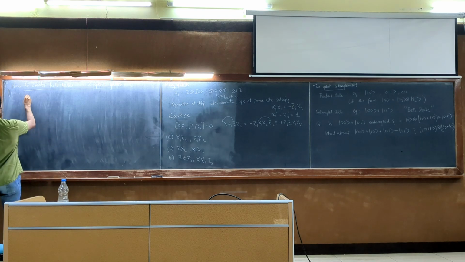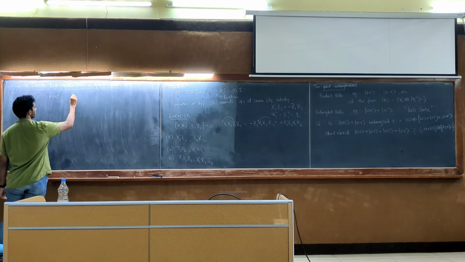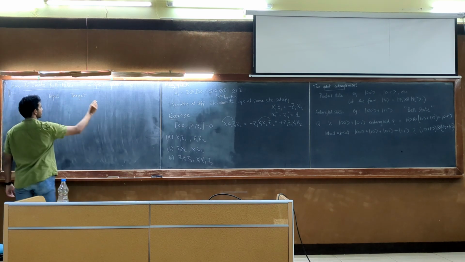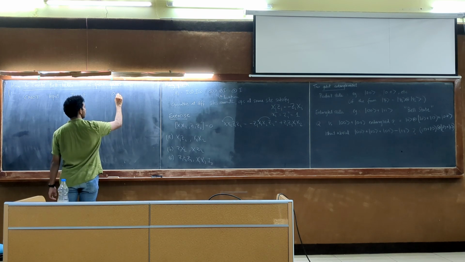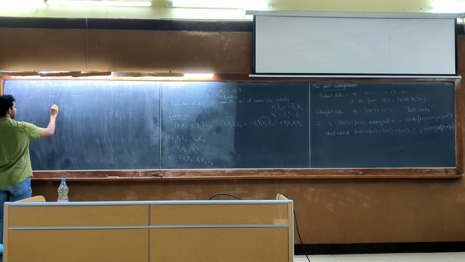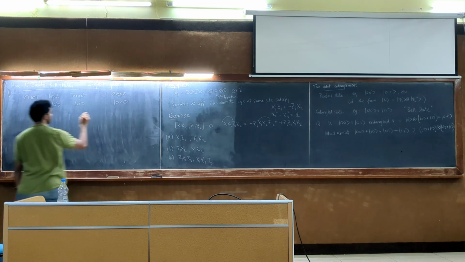A classic example is the CNOT gate, which acts on what I think is called an input qubit and a target qubit. And this is the corresponding output. So this has the following relation.